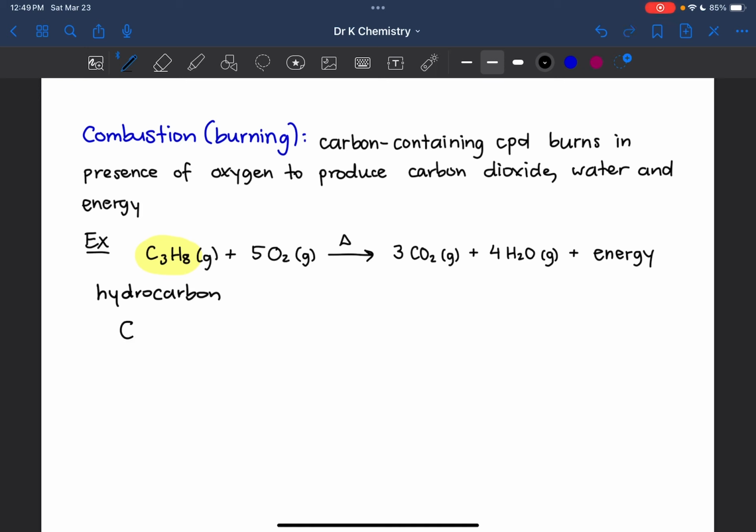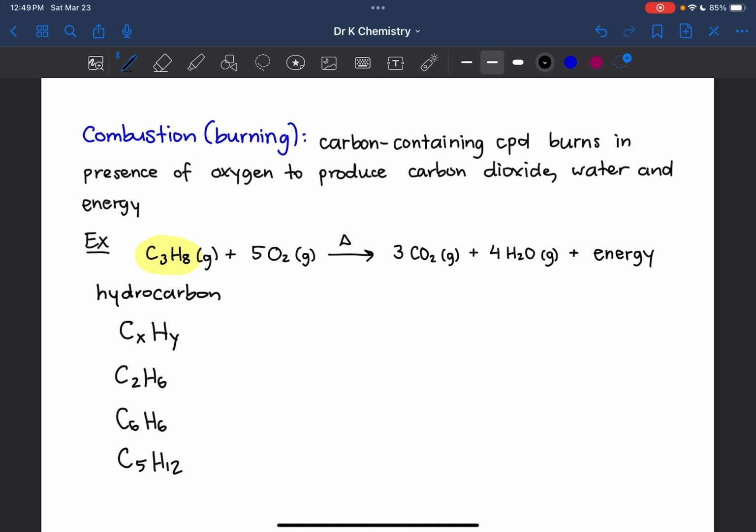So I tend to write them as variables, Cx and Hy, meaning that the amount of carbon will change and the amount of hydrogen will change. So this could really be anything. It could be C2H6, it could be C6H6, it could be C5H12. The amount of carbon and the amount of hydrogen can vary.